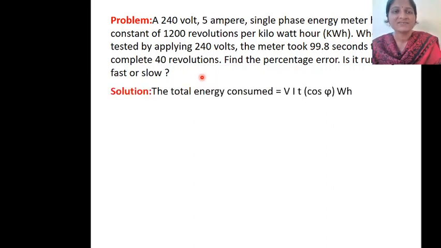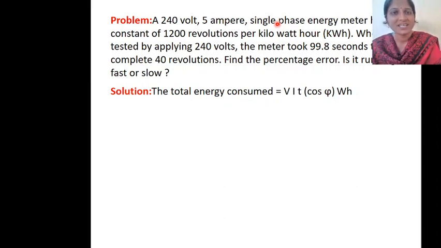To solve this, first find the total energy consumed. The formula for total energy consumed is VIT cos phi: voltage into current into time into cos phi. Usually these energy meters are unity power factor meters. If they mention any power factor, then you need to consider it.